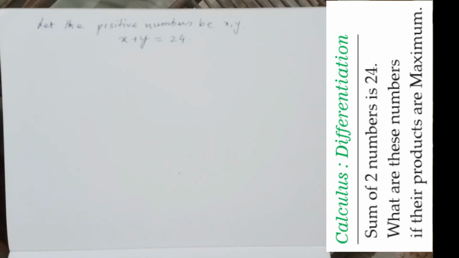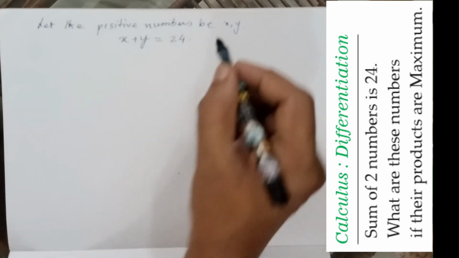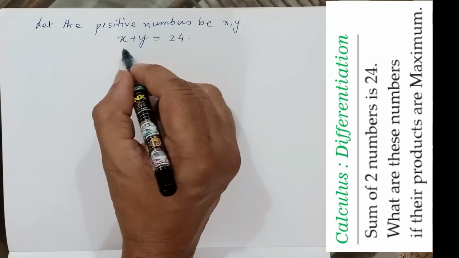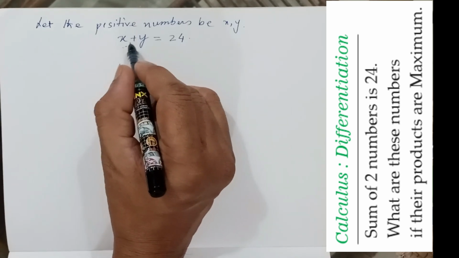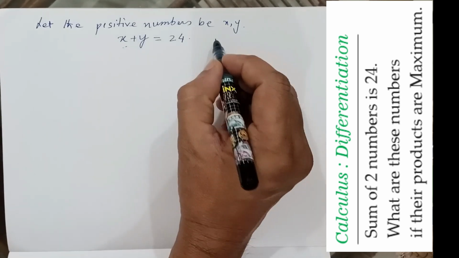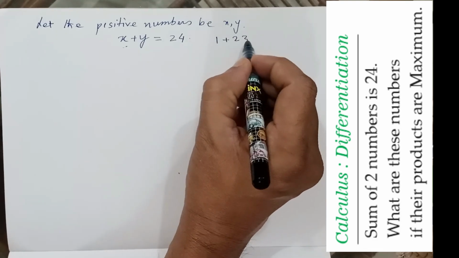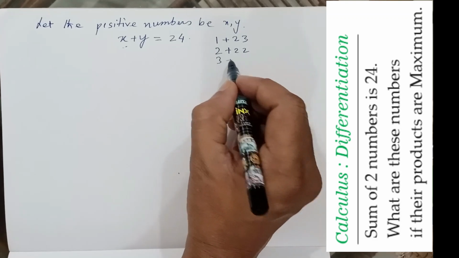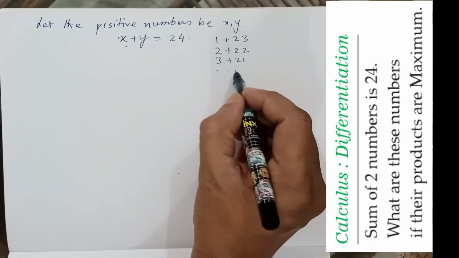There could be many ways: it could be 1 plus 23, 2 plus 22, 3 plus 21. That way we can break it.